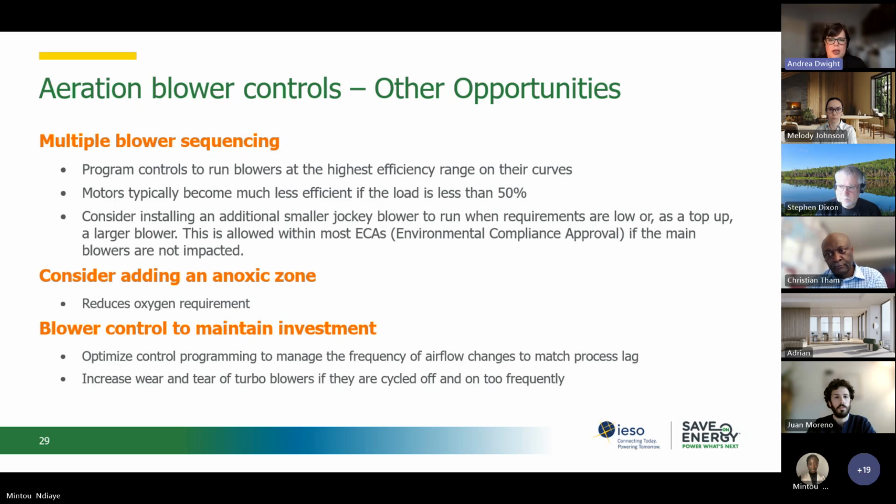So be aware of that. You don't really want your blowers to be turned on and off many times in an hour. So if you can get a blower running and run it continuously, that's always the best way.